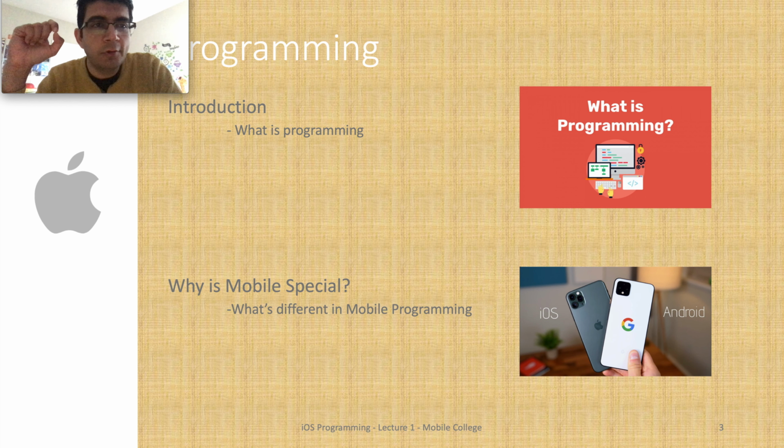I was very slow and careful about it because most of the time when we think about programming, we're talking about some server or a desktop or a mainframe on which the software is running. But in here, the piece of code that you are writing as part of Swift development, iOS programming, your entire app is actually executing on the user's phone, and that kind of makes it a thick client.